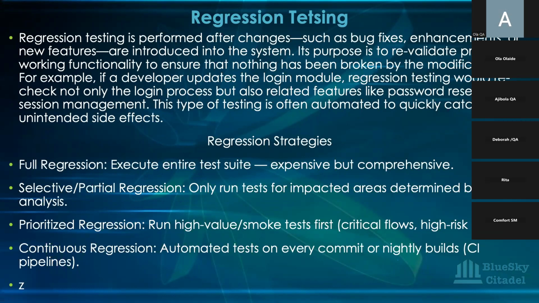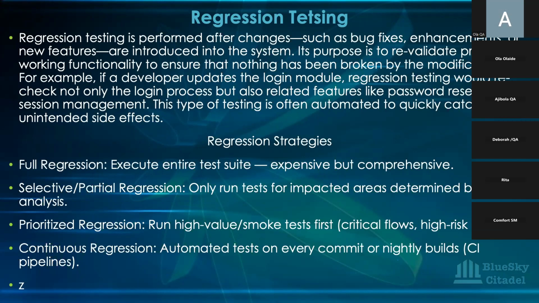Its purpose is to revalidate previously working functionalities to ensure that nothing has been broken by the modifications. For example, if a developer updates the login module, the regression testing would recheck not only the login but also related features like password resets, session management, and even registration. This is going to be tested.